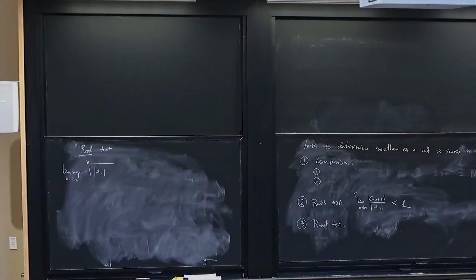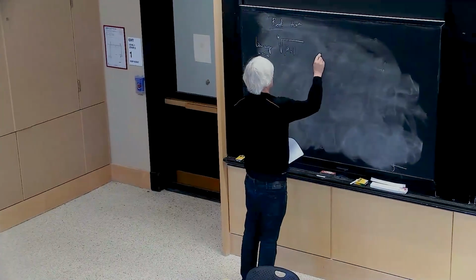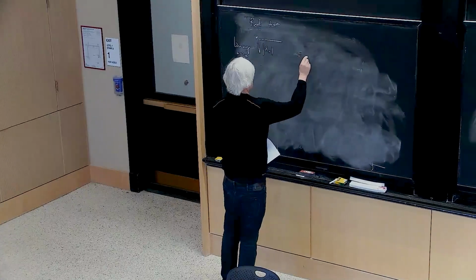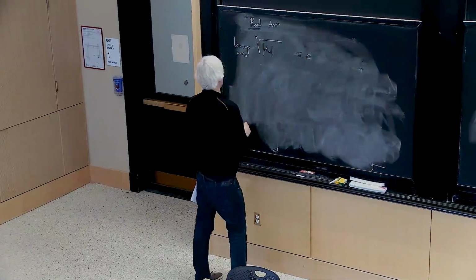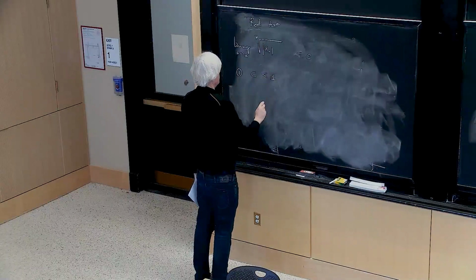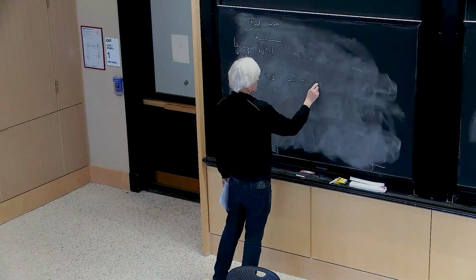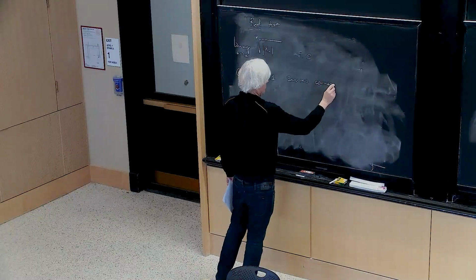So if the lim sup here was less than 1, let's call it c. If c here is less than 1, then the series is convergent.